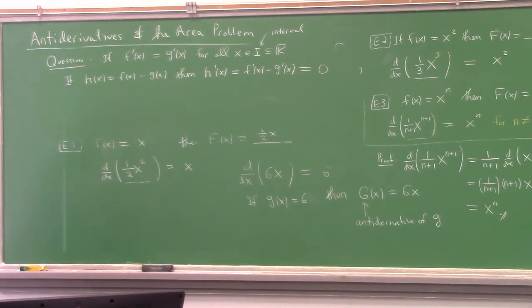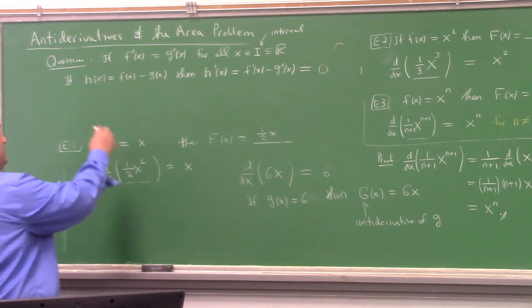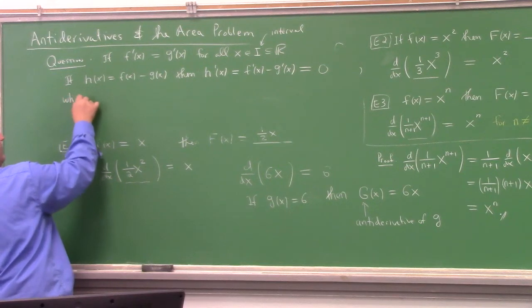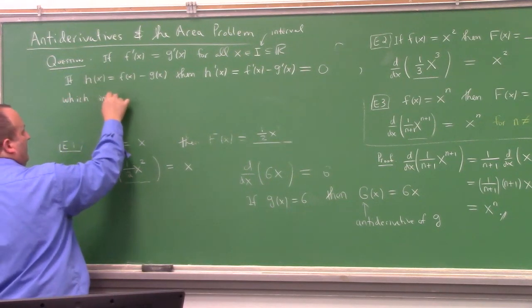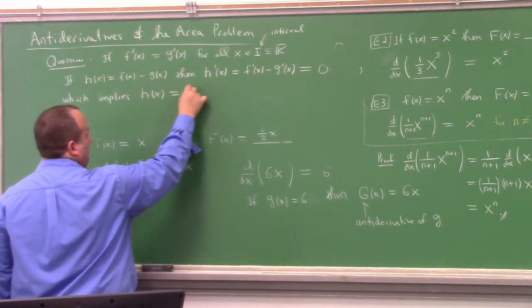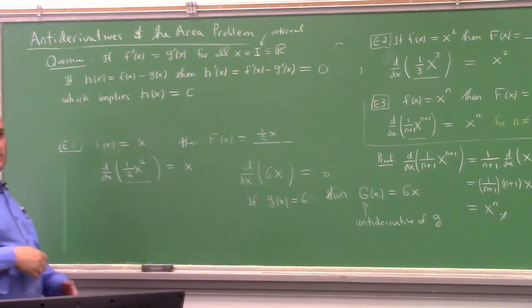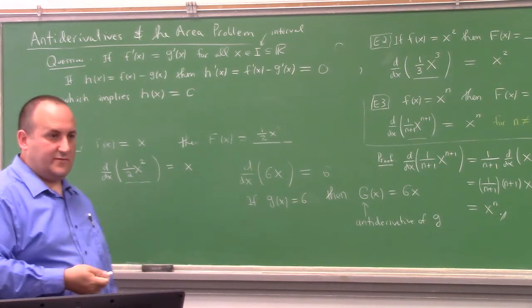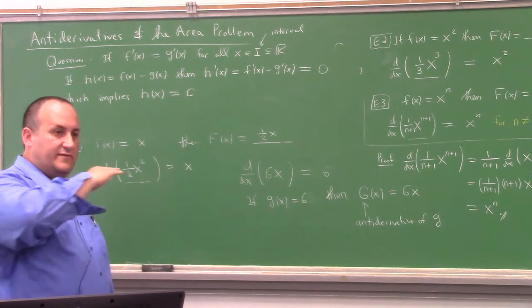What would it mean for it to have 0 slope everywhere? It's a straight horizontal line, right? So then, which implies h of x is equal to a constant for all x in the interval, if it has 0 derivative everywhere.